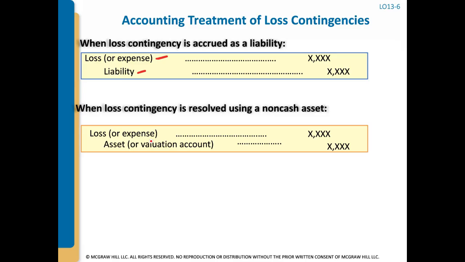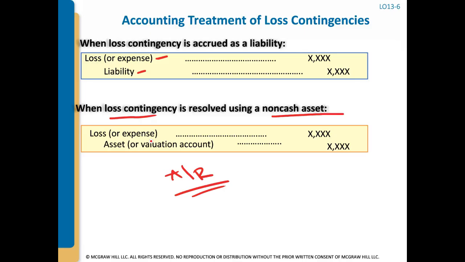Sometimes a loss contingency is resolved using a non-cash asset. Think of a company that has a very large accounts receivable balance, and the company they're supposed to receive that money from goes bankrupt.